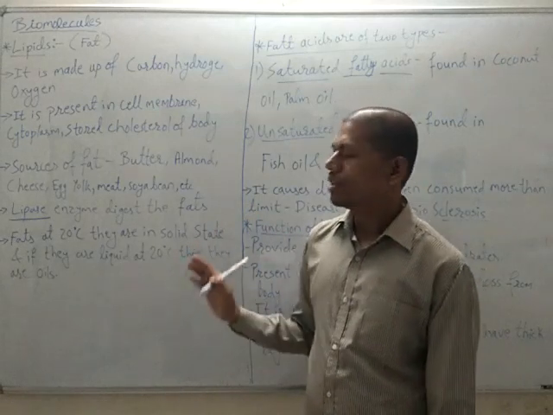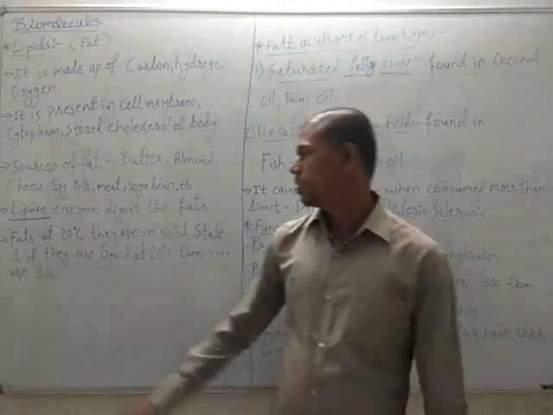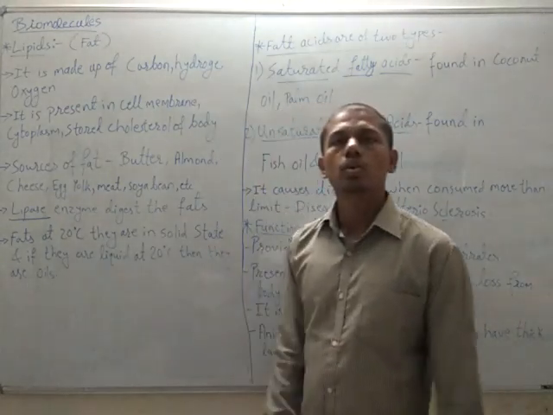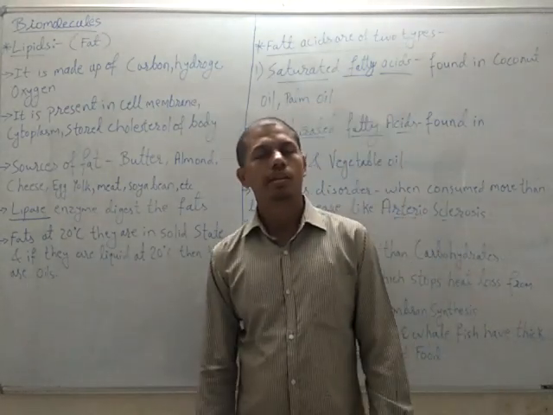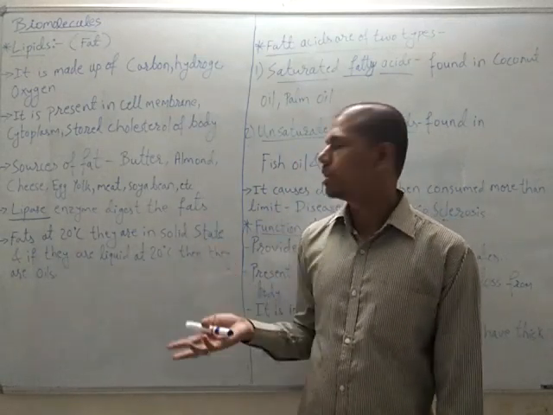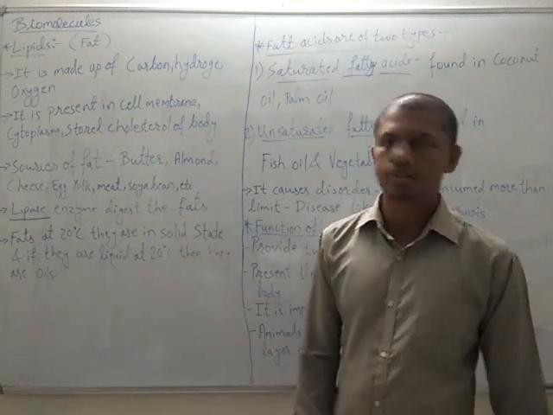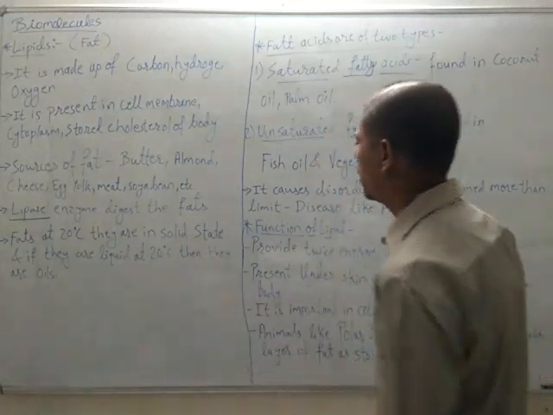But if the fat is liquid at 20 degrees Celsius, then it is called oil. So we know vegetable oil is always liquid. It never becomes solid. So they are oils.